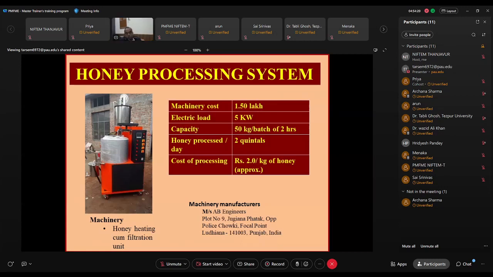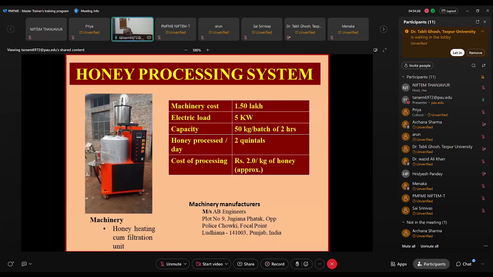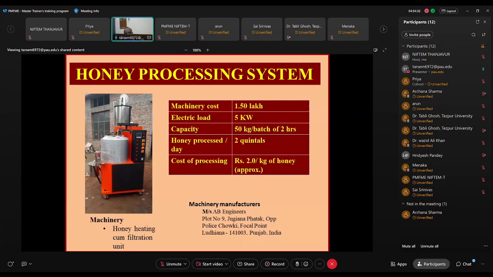Most of the farmers we have contacted normally sell raw honey before processing, at just 70 or 80 rupees a kilogram. But when it is bottled, processed, heated, and packaged properly, that same honey sells at 250 or 300 rupees a kilogram.